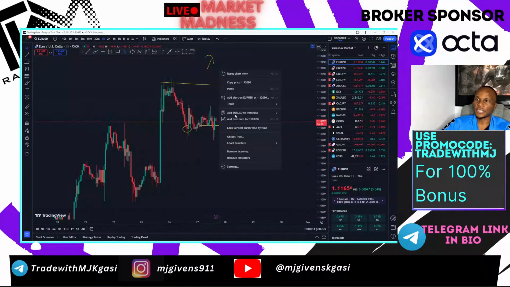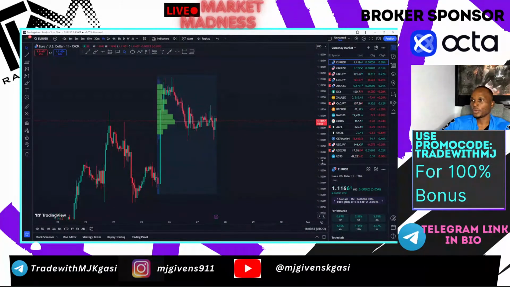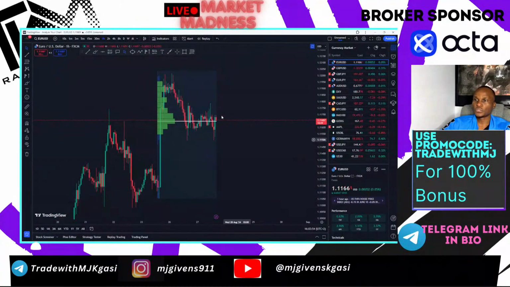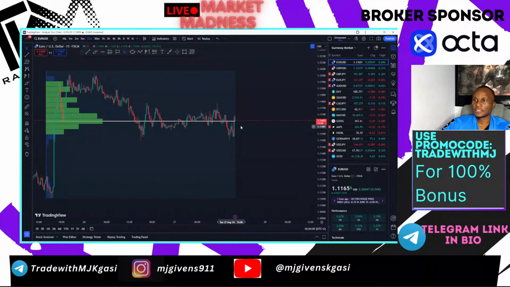Today the approach would be, if you look at where we are in our point of control, we're currently trading at our point of control at $1.11. So we want to see if maybe we break below. Anything that breaks below, maybe that's when we can consider taking selling opportunities.